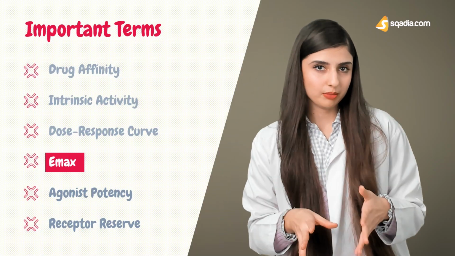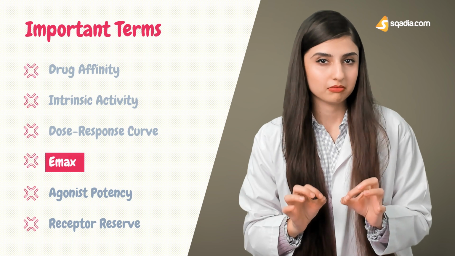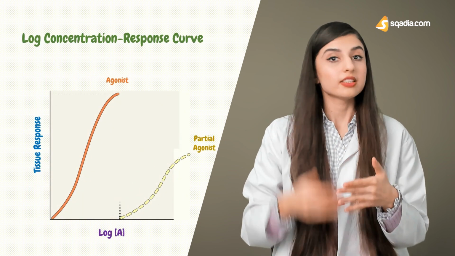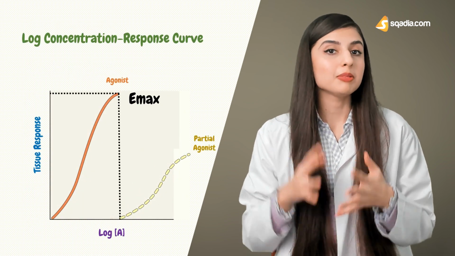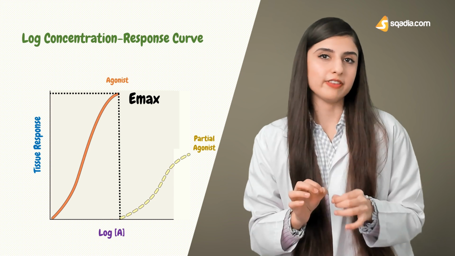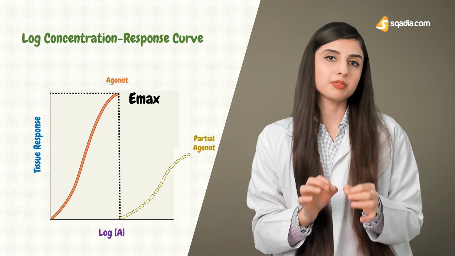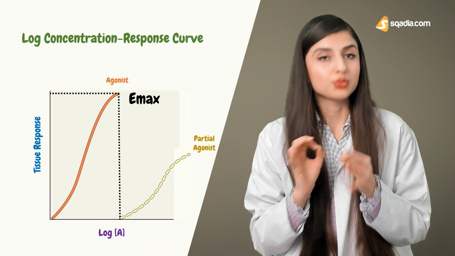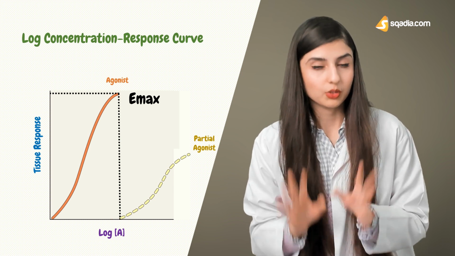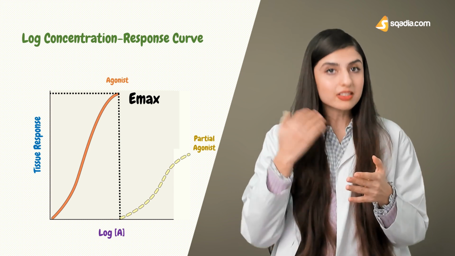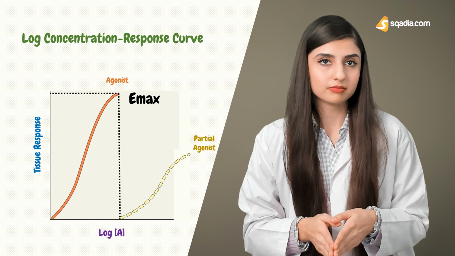Now, the next term is the Emax. Now, the Emax can be observed in this graph. It can be described as the maximal effect at high drug concentrations when all the receptors are occupied by the drug. Okay? Now, this is the maximal response of the drug.